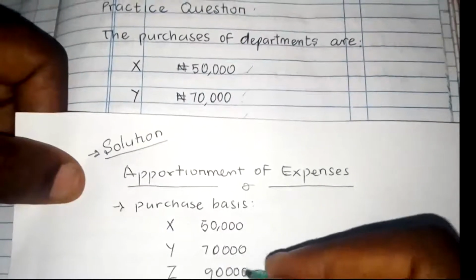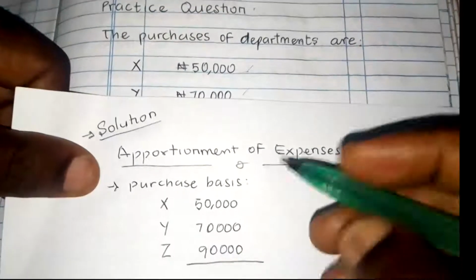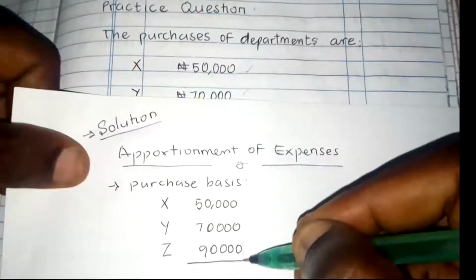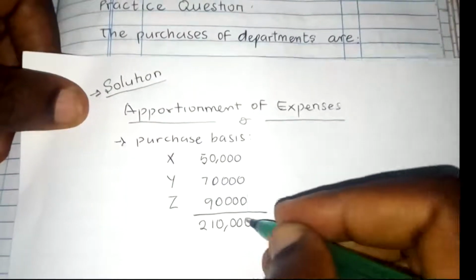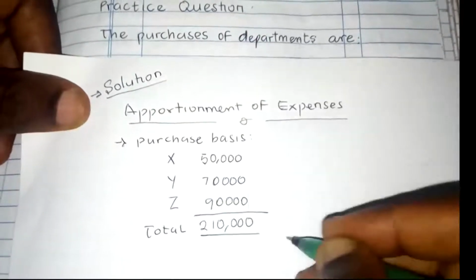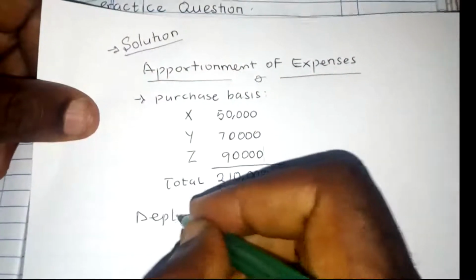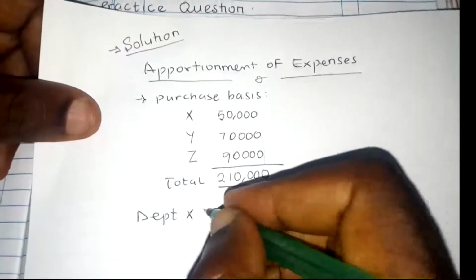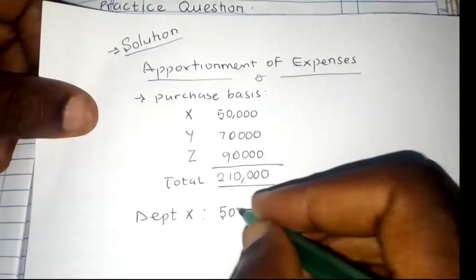Department Y will be charged 70,000 over 210,000, students should take note of that, times 30,000 over 1.